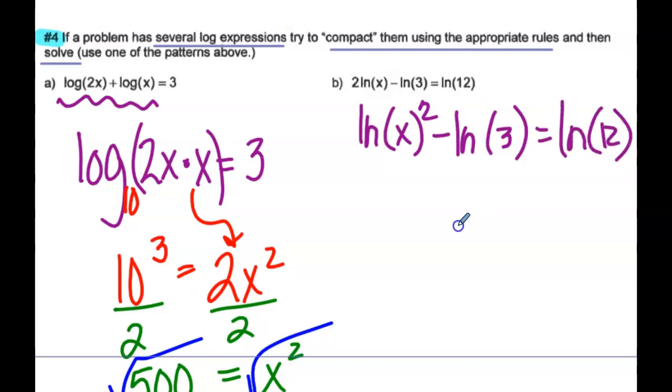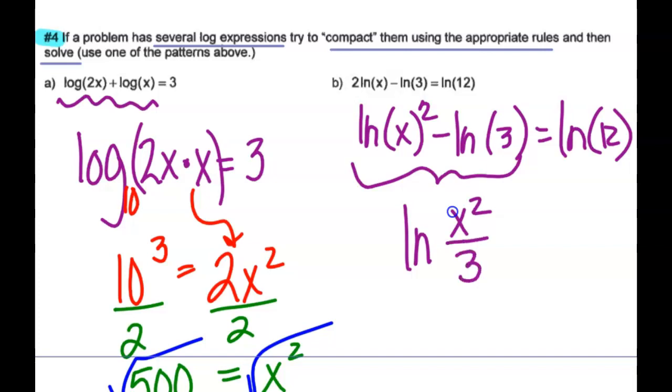All right, what does minus mean? Divide. So if we combine these using our properties of logs, this is the natural log of an x squared over 3. Did I lose anybody?